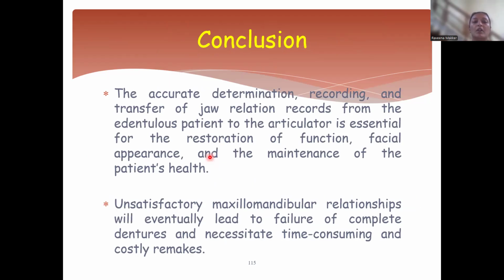With this, we conclude. The accurate determination, recording, and transfer of jaw relation records from the edentulous patient to the articulator is essential for the restoration of function, facial appearance, and the maintenance of the patient's health. Unsatisfactory maxillomandibular relationships will eventually lead to failure of complete dentures and necessitate time-consuming and costly remakes.